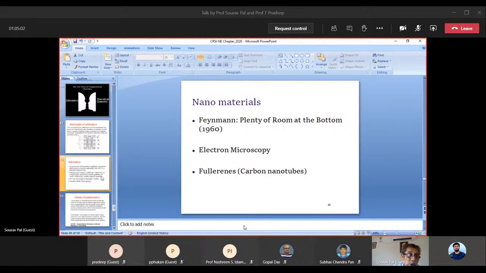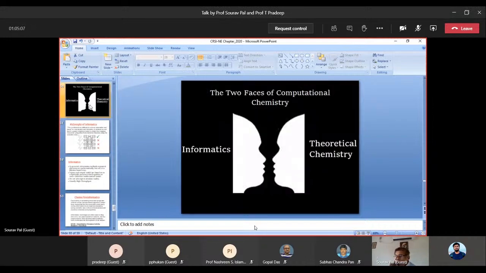I would actually close my talk here, except to say one very important part that I am not covering at all in the computational chemistry, that is the informatics. So what we are looking at is a theory-based approach, physics-based approach, the computational chemistry which is based on physics. But using artificial intelligence and machine learning, as I told you, one can actually have an informatics-based approach.